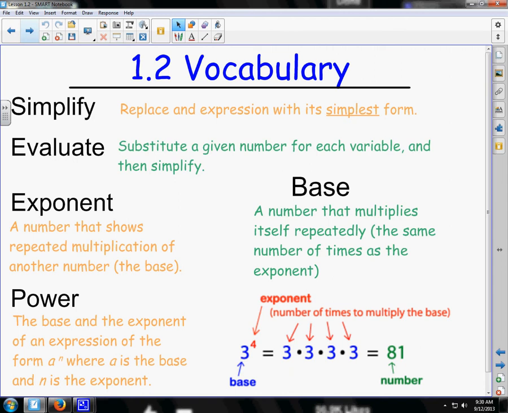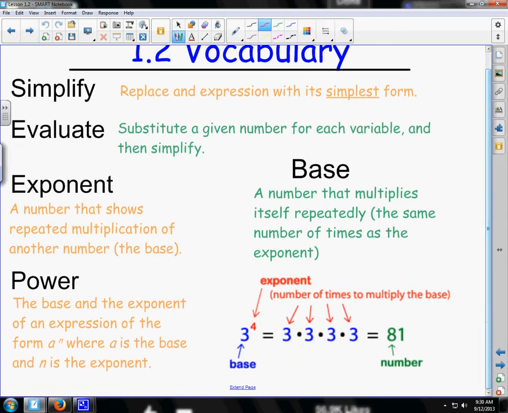Exponent, power, and base you probably will need a refresher for. If you want to, you can look at this example and put that in. Whenever you see something like 3 to the 4th power, the 3 is the base, and the exponent is the number of times to multiply the base.